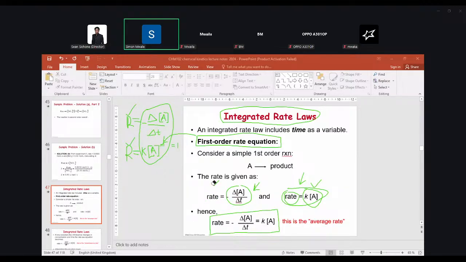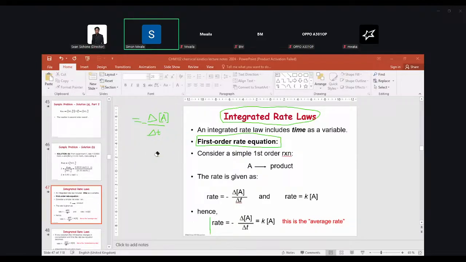So let me wrap this up as I go to the next part. The next thing now is, if I integrate these two equations, then I should get what is called the integrated rate law for the first order reaction.